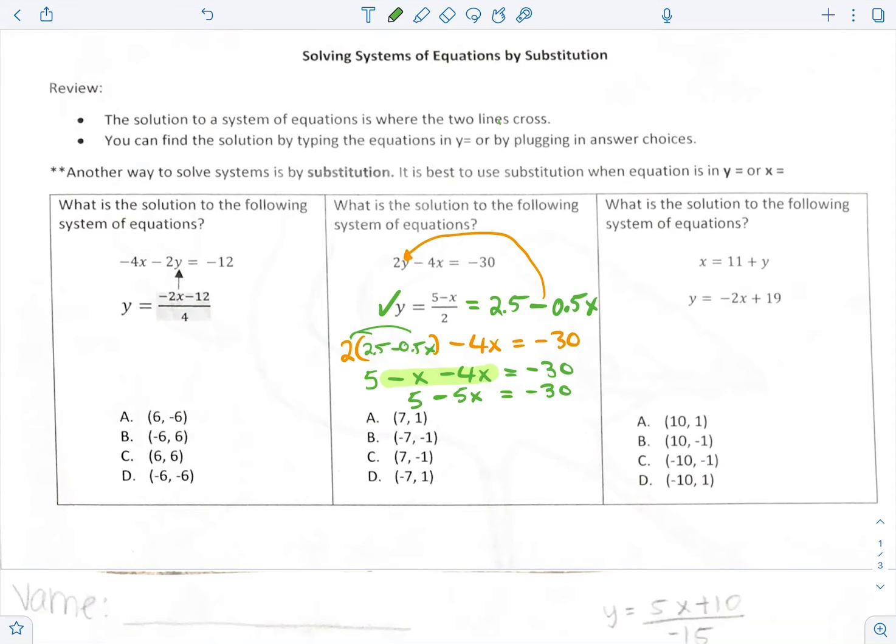From here, we're going to solve for x, so subtract 5 from each side. And we have -5x equals -35. Divide each side by -5, and x equals +7.